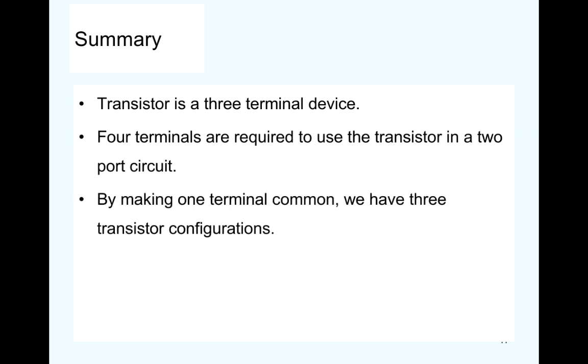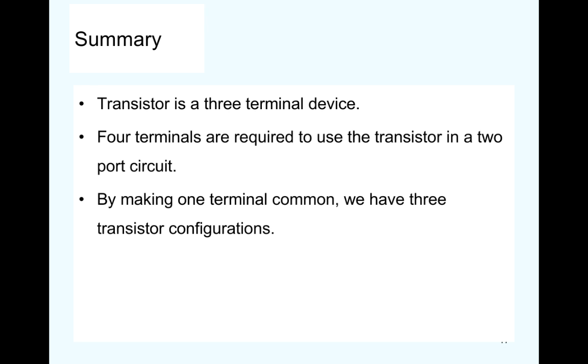Because amplifier is a 4-terminal or 2-port network, for this purpose we make the transistor into a 2-port network. So by connecting one terminal common to ground, the circuit behaves as a 2-port circuit.